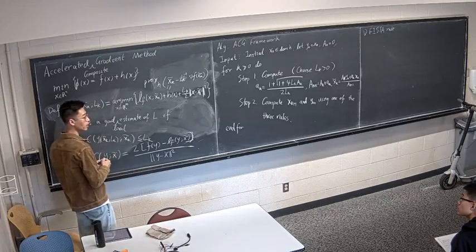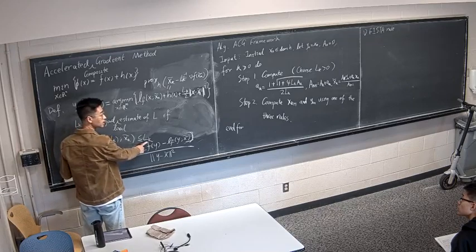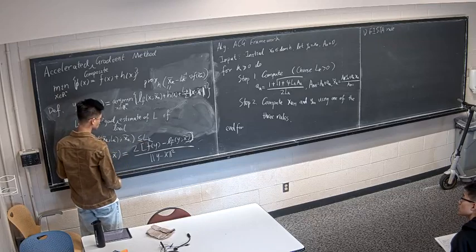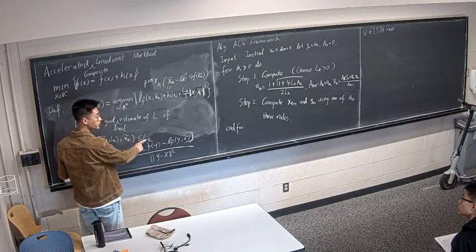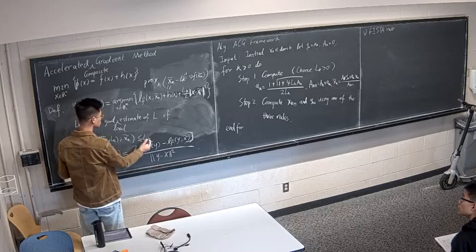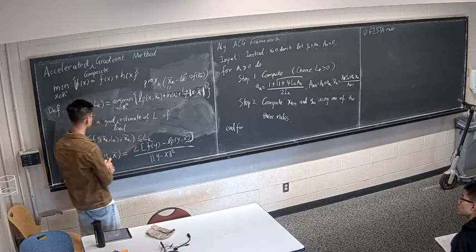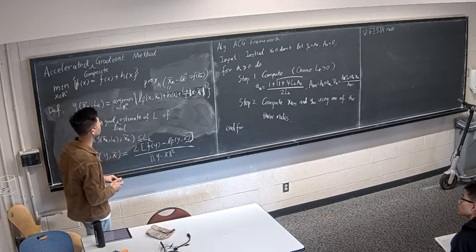So we want to find a small L, but still maintain this key inequality. That's the goal of this inequality. If you use the conservative estimate L, this is always true, but we do not want to use that. We want to use some small information, the local information. So that's the goal here. We want to use some local estimate of L.